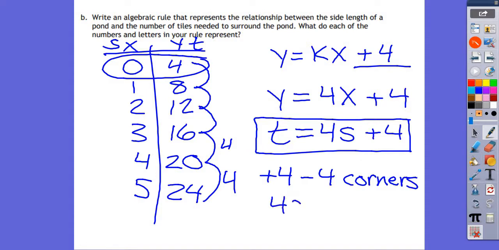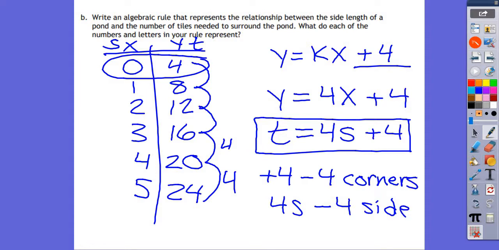Then the 4s, what does S stand for again? X, but it also stood for side lengths. So this is saying it has 4 sets of what? Sides. So that's saying it has 4 sides. Doesn't a square have 4 sides? Yes, it should.